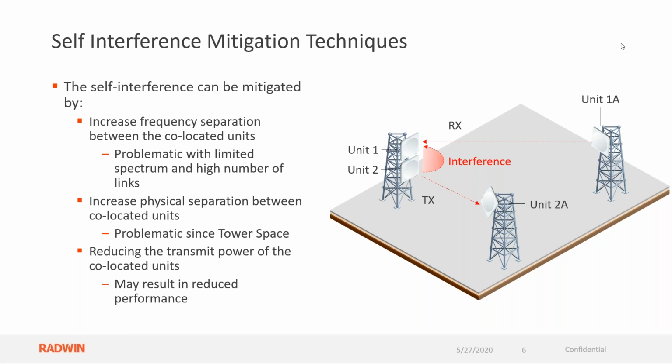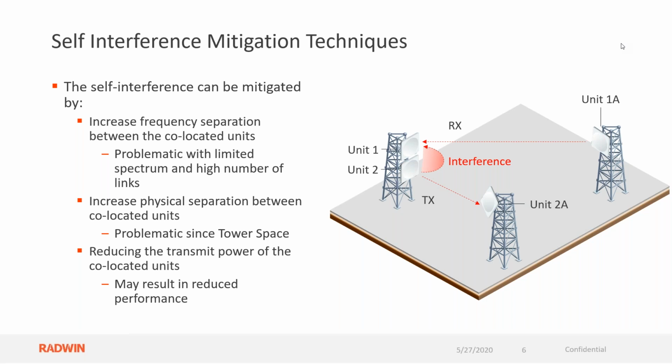The second solution is to increase the physical separation between collocated units. It means we can physically separate the different ODUs and units deployed on the tower in height. This requires tower space.